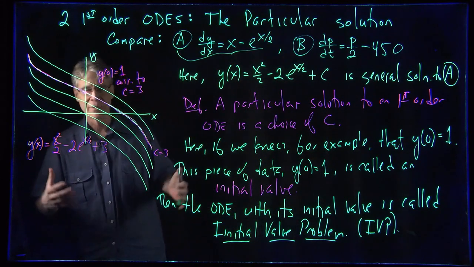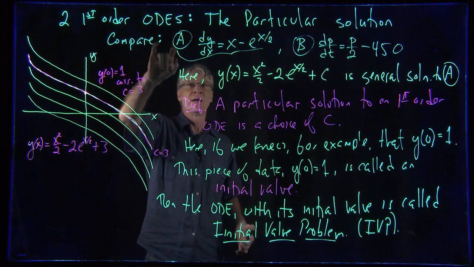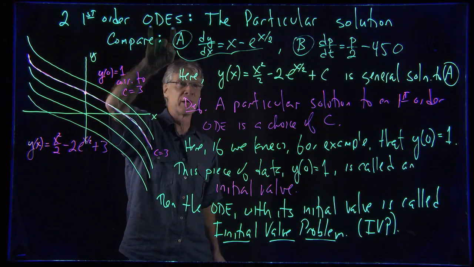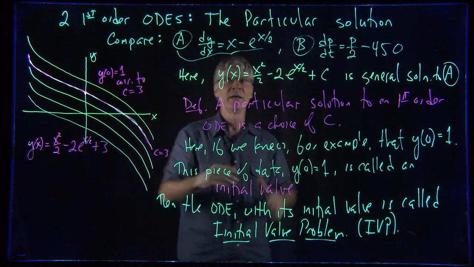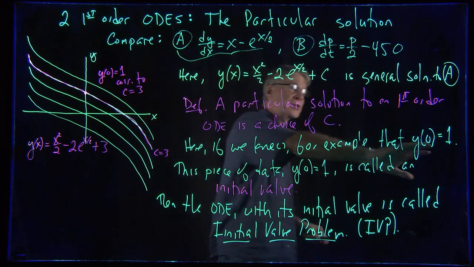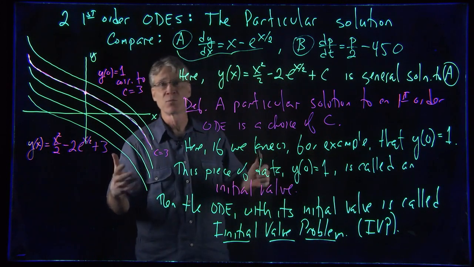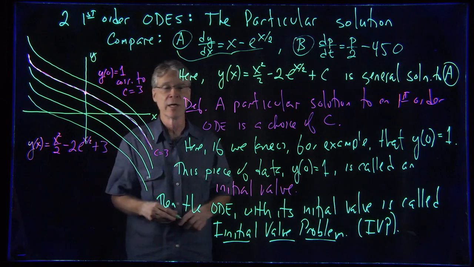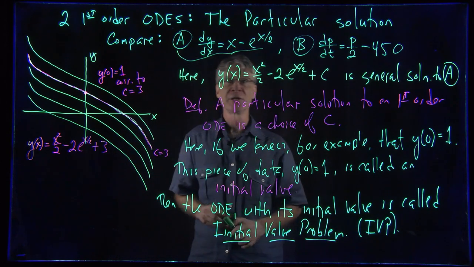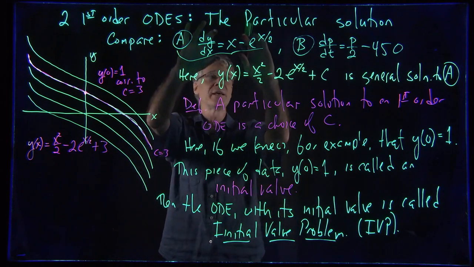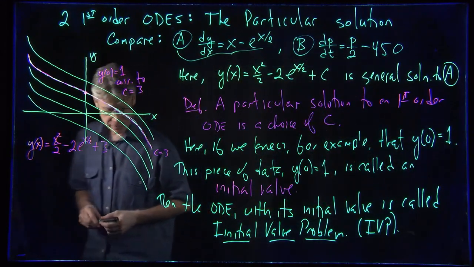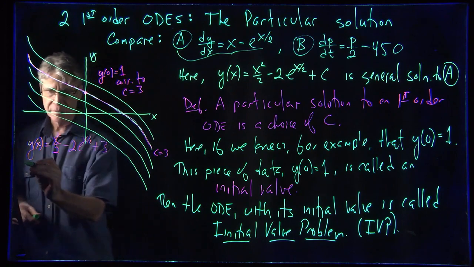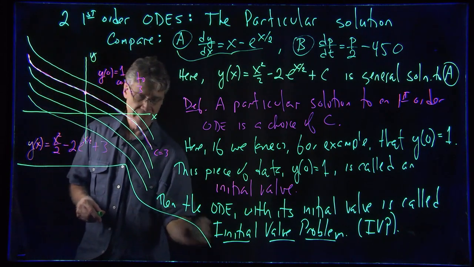So if we're just given the ordinary differential equation, we call it an ODE. If we're given also an initial bit of data that tells us which particular solution we're looking for, then we call that thing an initial value problem. So this thing together with this would be an initial value problem.